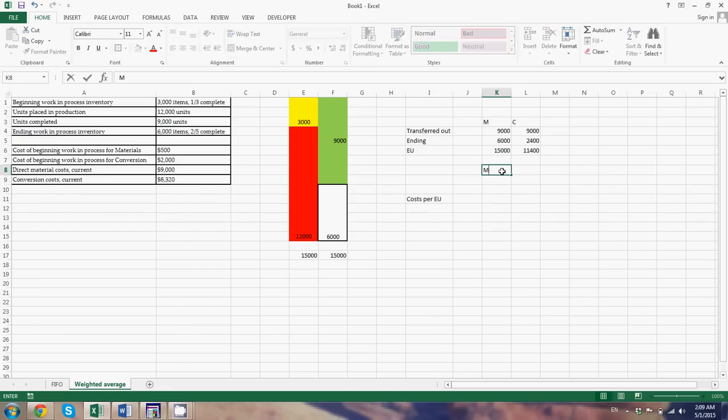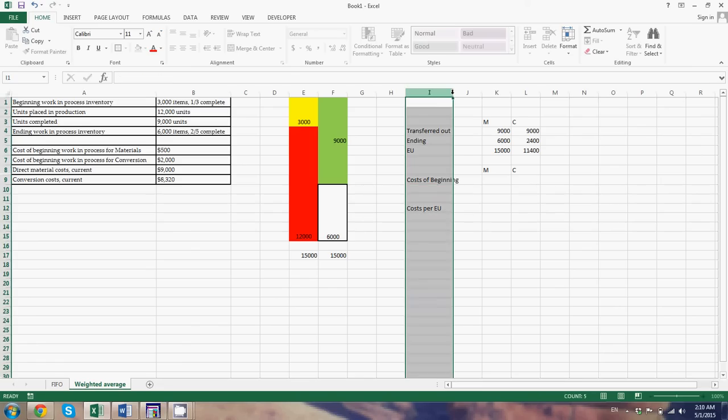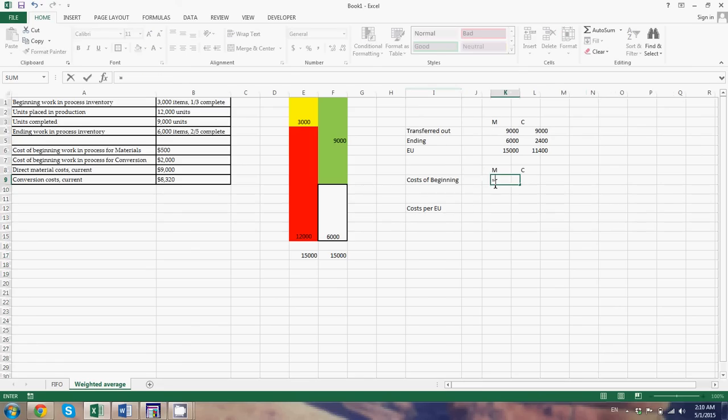So what we have here is, first, the cost of beginning, which is just $500 for materials and 2,000 for conversion costs.